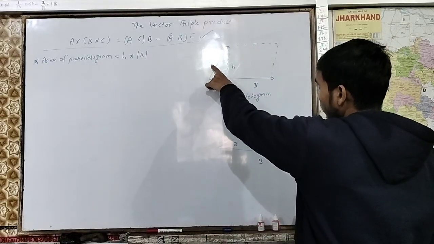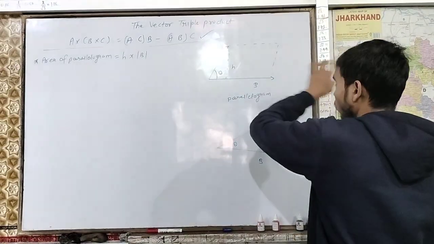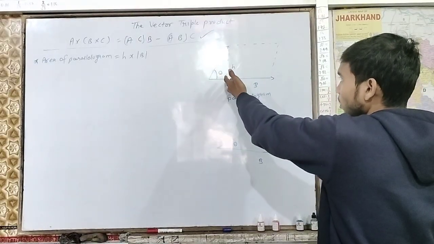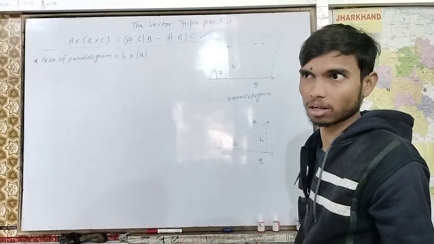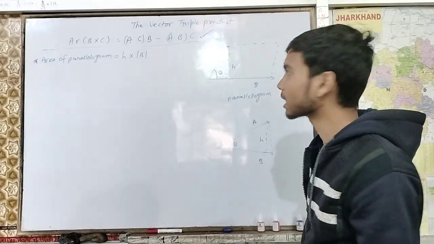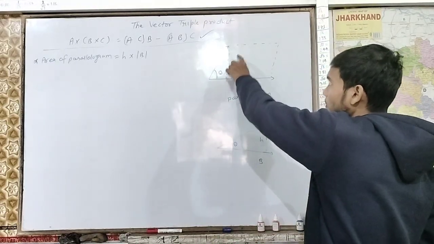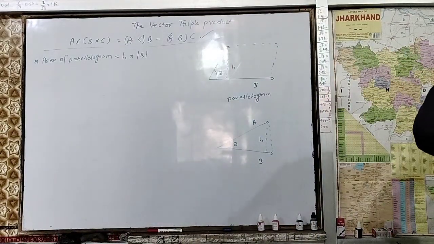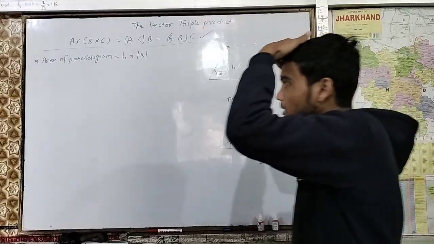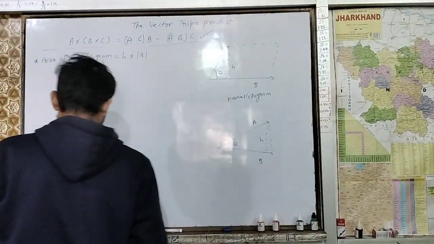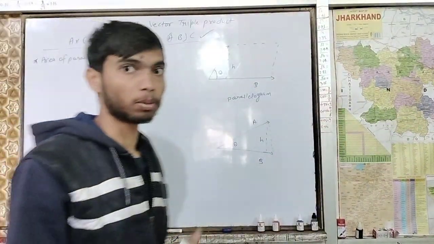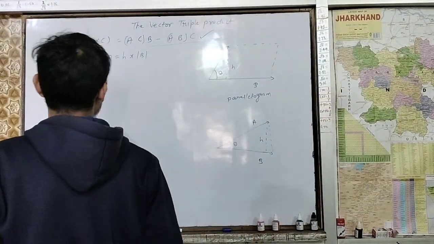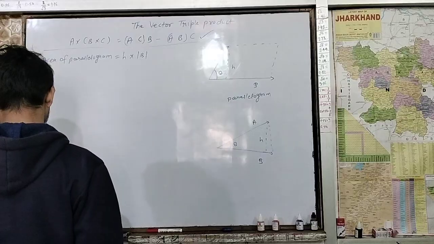Whatever the value of this vector is will be the same for this. So we are just finding the area of a parallelogram. It is also, not the exact rectangle, just H multiplied by B, which will provide the area of a parallelogram. So we are not using the B vector, we are using the magnitude of B. We just want the magnitude.